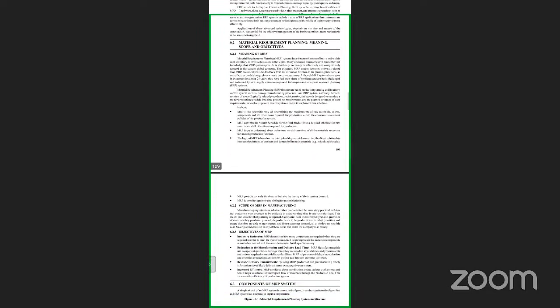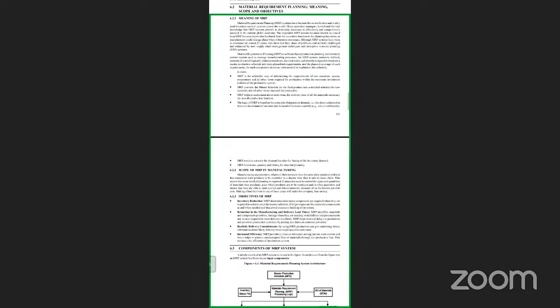In short, MRP is the scientific way of determining the requirements of raw materials, spares, components, and all other items required for production within the economic investment policies of the productive system. And MRP determines quantity and timing for material planning. MRP projects not only the demand, but also the timing of the inventory demand.